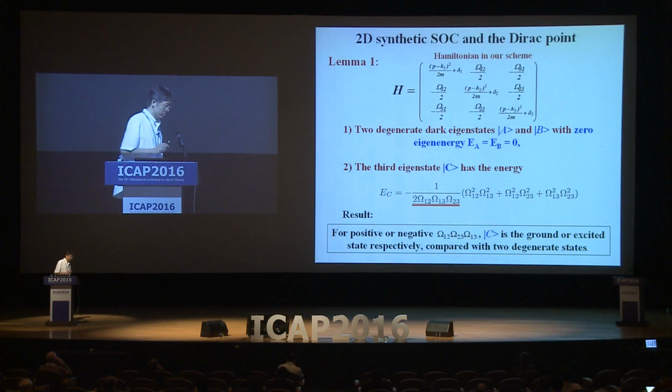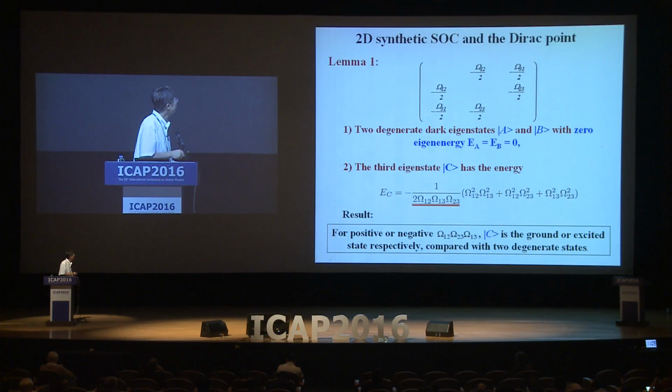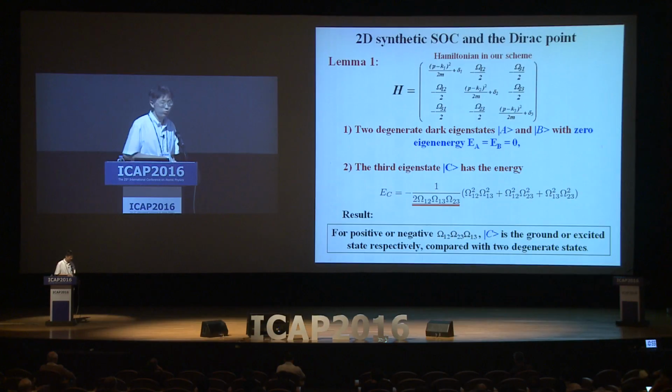We first solve this Hamiltonian to obtain the energy band structure by 2 lemmas. The first lemma is that this 3 by 3 matrix has 2 degenerate dark states. The off-diagonal term is the same as our original Hamiltonian.